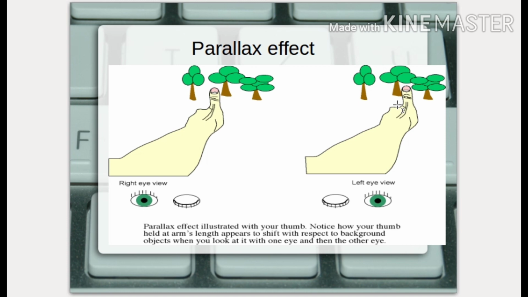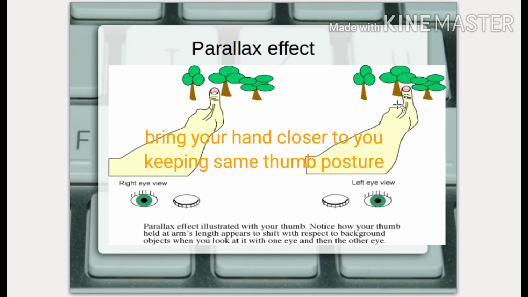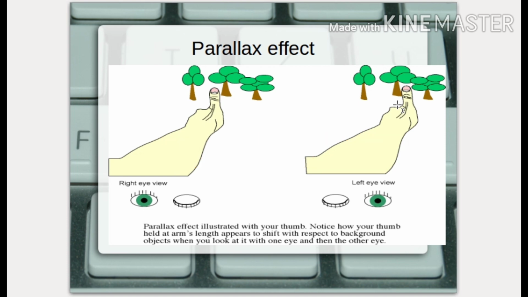Now bring your hand a bit closer to you, and keeping the hand posture the same, means your thumb should be pointing upward, repeat the scenario again. You will feel this time that your thumb is jumping a bit more. This effect is called parallax.